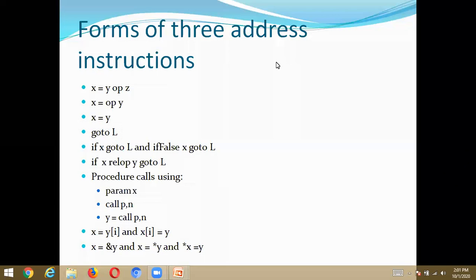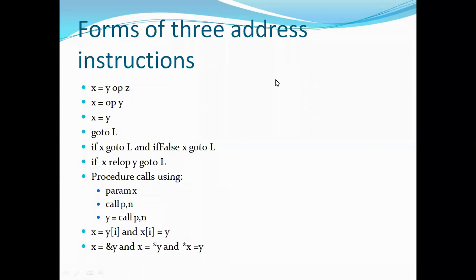I already explained the forms of three address instructions in the last classes. I'm just recalling what the language constructs were and how to write the intermediate code form for that language construct. Coming to the assignment statement, here the language construct is an assignment statement.